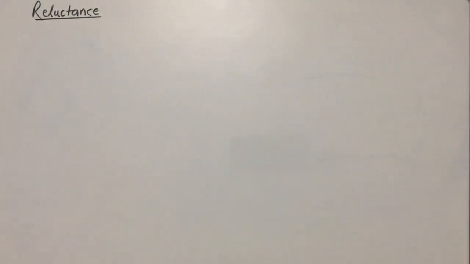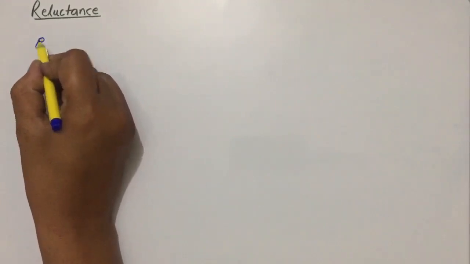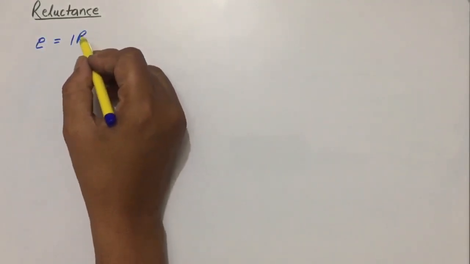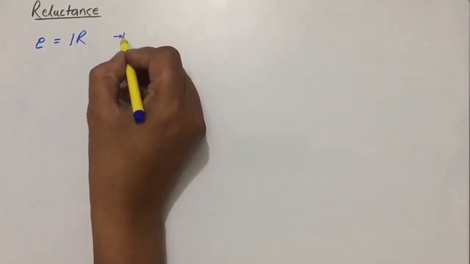Now let us discuss reluctance. In electricity, we have EMF equal to IR, where I is the current and R is the resistance.